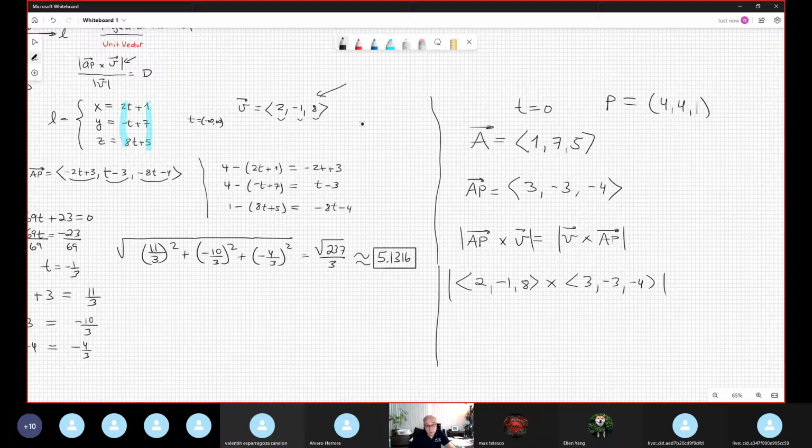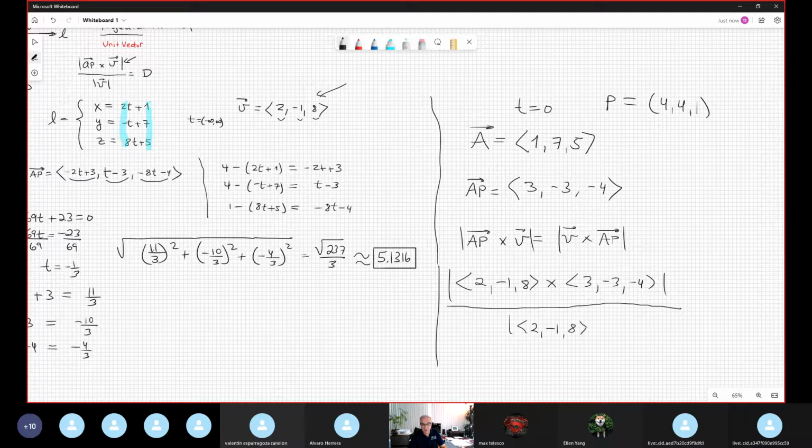That's it, because when you compute the projection, remember, you need to divide by the magnitude. Basically, what we are doing is the cross product with the unit vector of B. But in order not to complicate the arithmetic too much, you can separate: you divide by the magnitude of the vector B, 2, -1, 8.